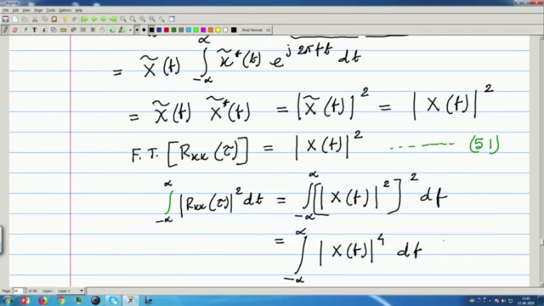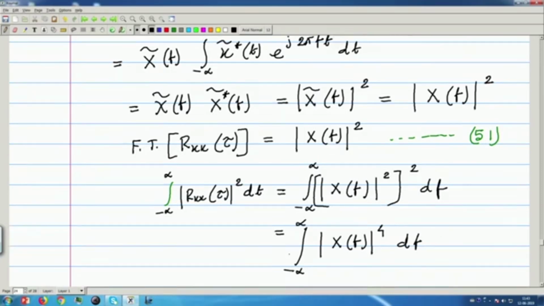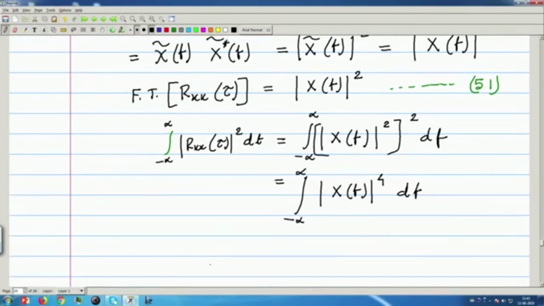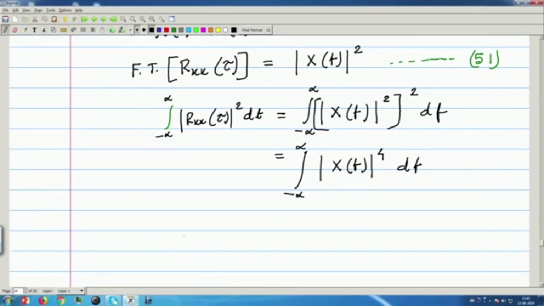So, what is the numerator? We have seen that r x x 0, the autocorrelation for 0 delay, is given by the integral of the magnitude square dt.